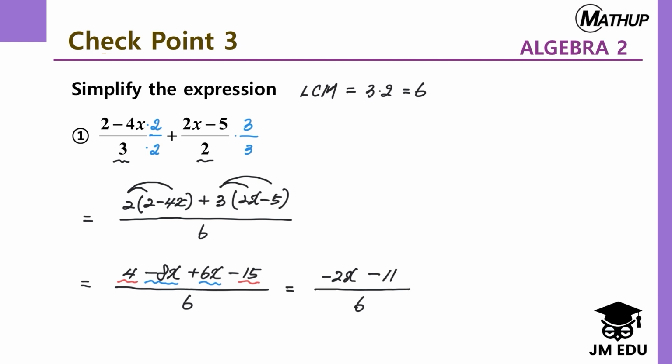So if we have negative here and negative here, both terms are negative, then we can write this expression as negative times 2x plus 11, over 6. So we're done. We can just leave our answer like this, or write the negative in front of the fraction. So negative 2x plus 11 over 6.